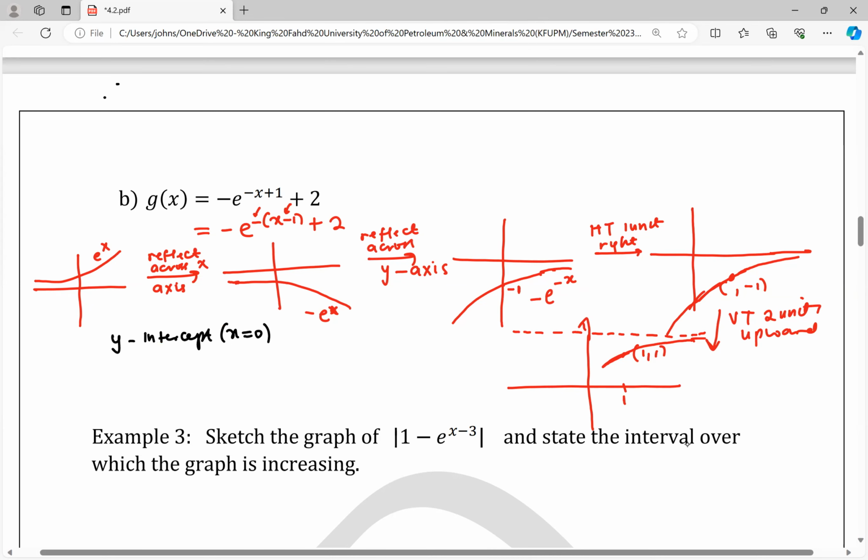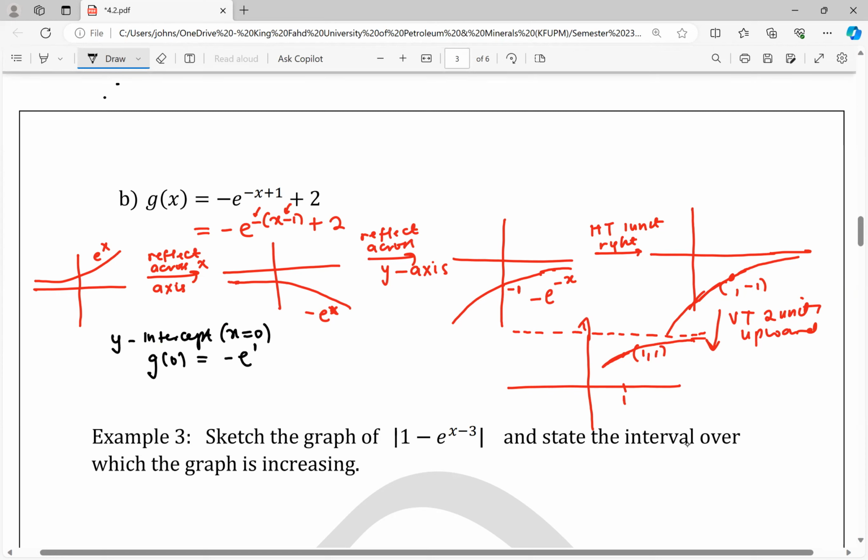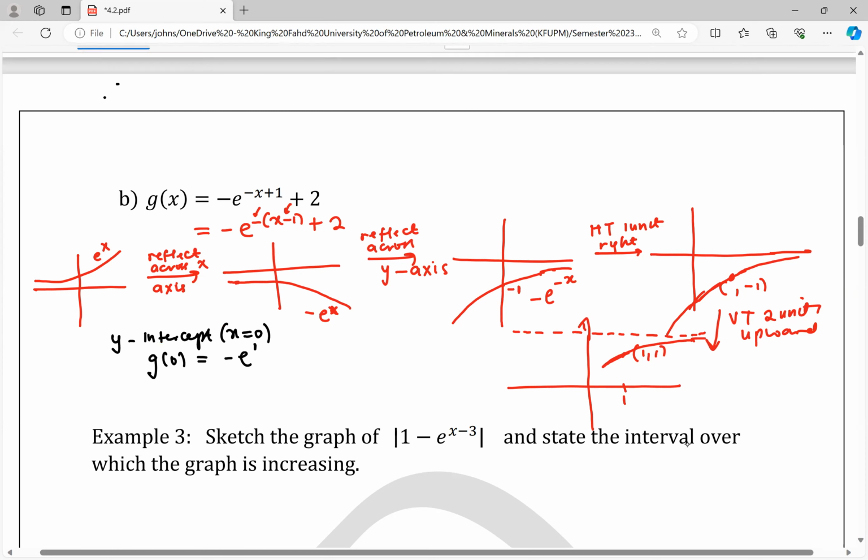Put x to be 0, you will see that g of 0 is just minus 0, so it should just be 1, right? Then you have plus 2. So this is nothing but 2 minus e. That is the y-intercept.